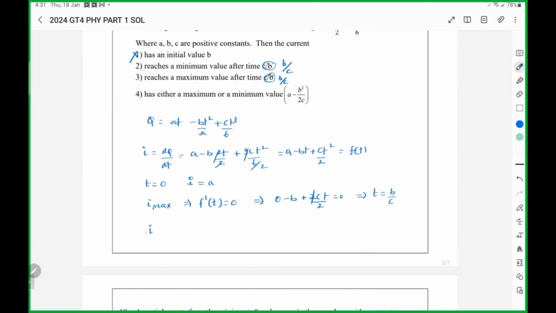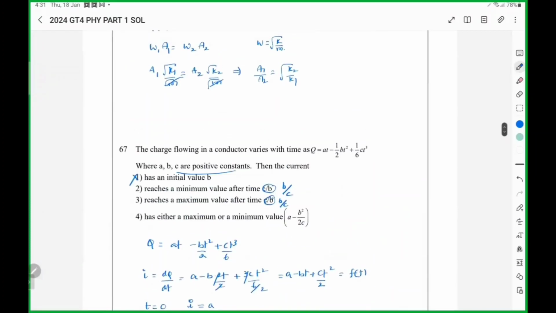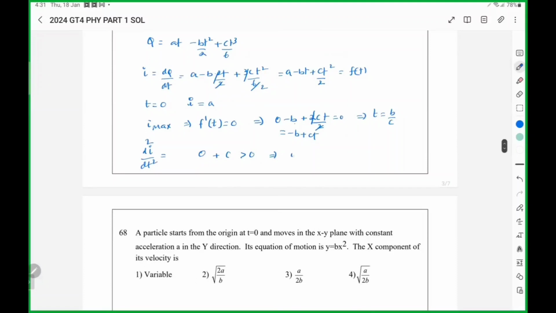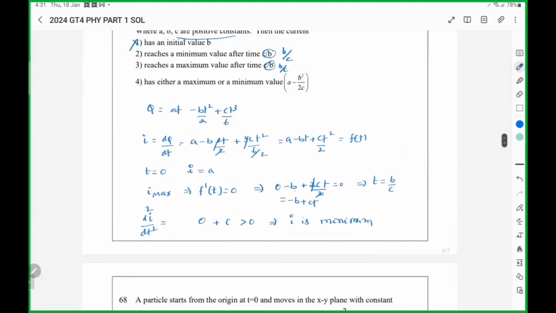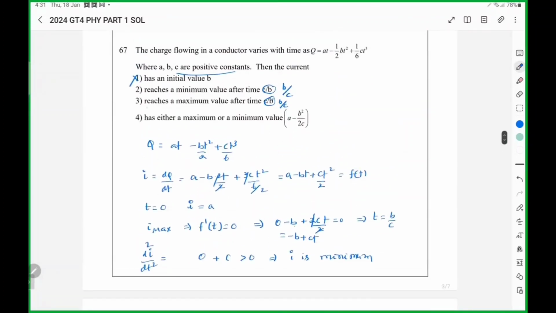But if you find d square I by dt square by differentiating again, we get 0 plus C, and C is given as a positive constant. That means I is minimum after a time B by C.